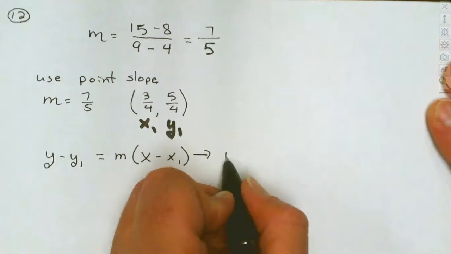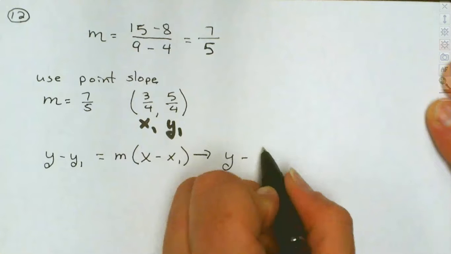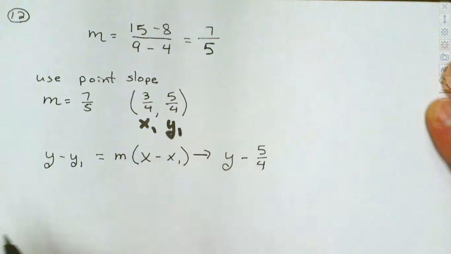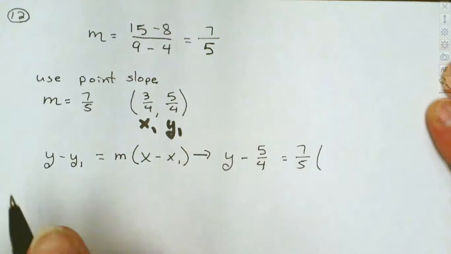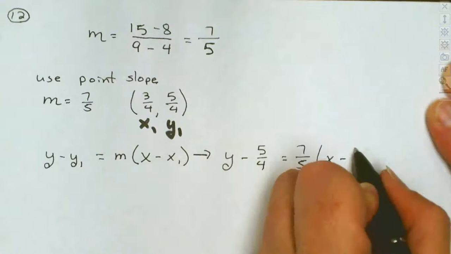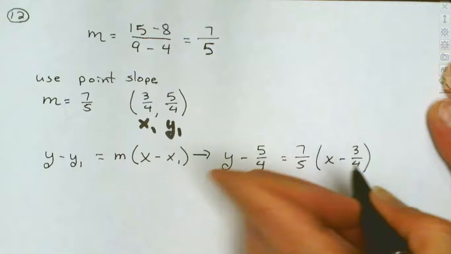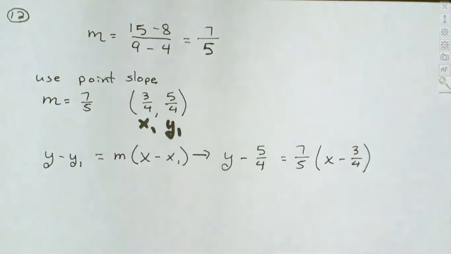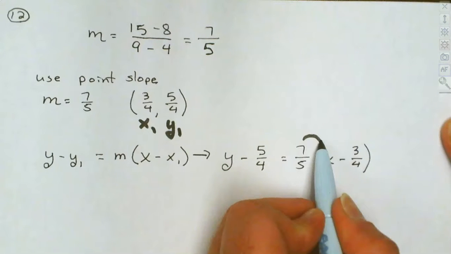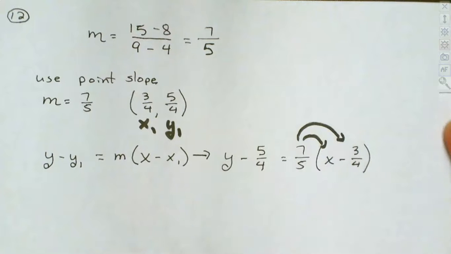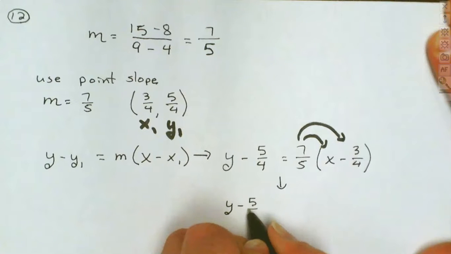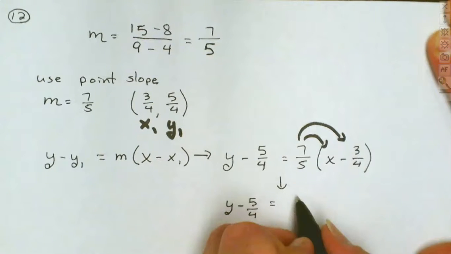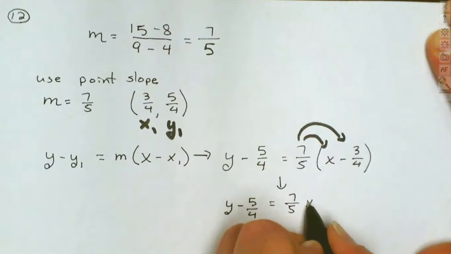So that's going to be y minus 5/4 equals 7/5 times x minus 3/4. Distribute through. Okay, so now we've got y minus 5/4 equals, we've got 7/5 x.